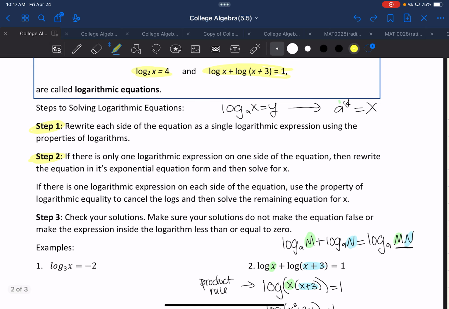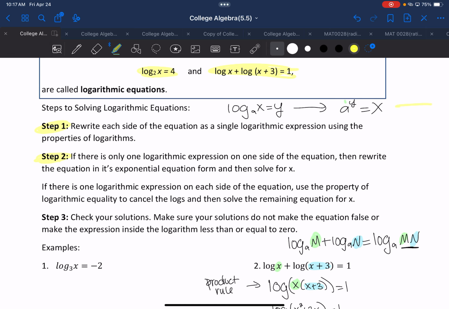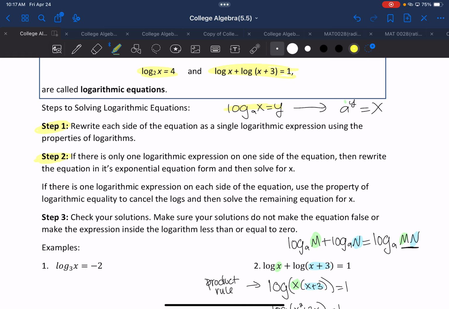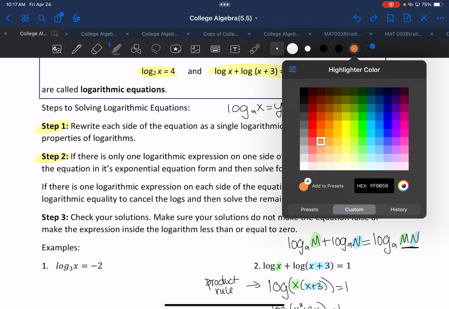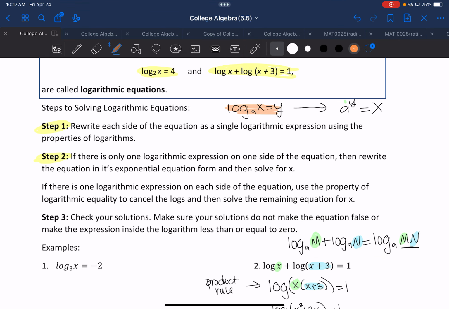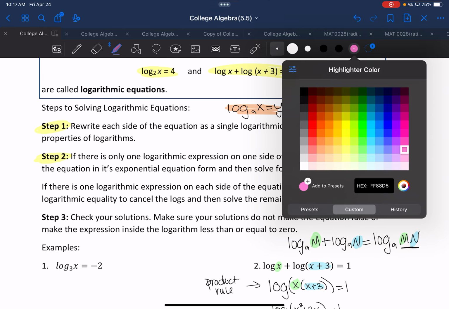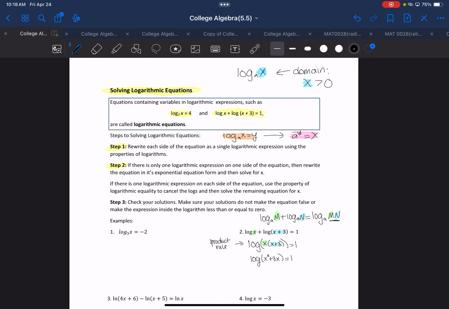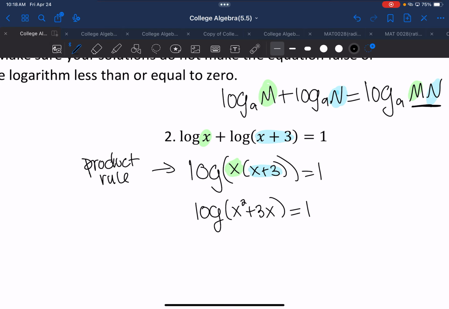I can go from its logarithmic form to its exponential form using that rule that we learned. So what is the base of this log? 10, because it's not written there.